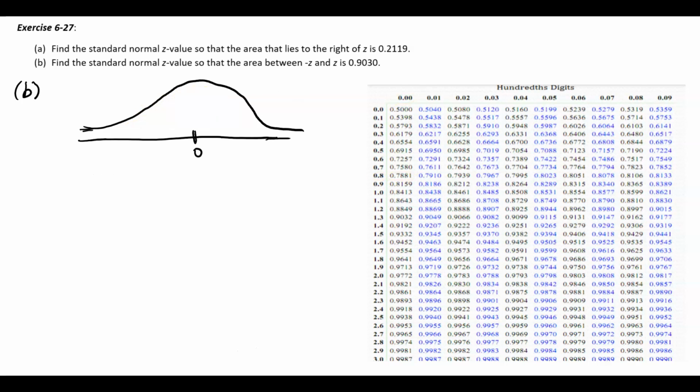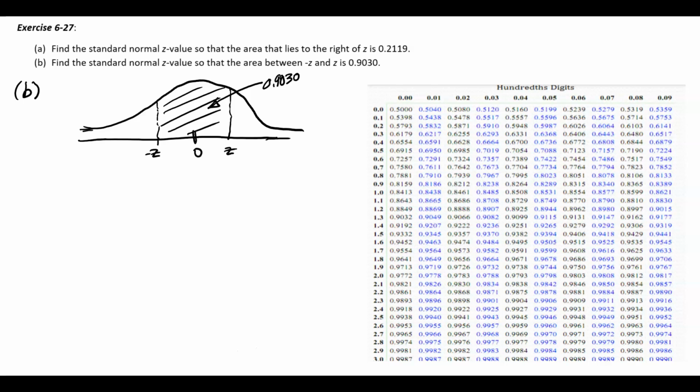Problem B is asking us to find the z value so that the area between negative z and z is 0.9030. In other words, they want 90.3% of the data to be between negative z and z. Because I know the normal distribution is symmetrical, I know that z has to be positive and negative z has to be negative, or vice versa.